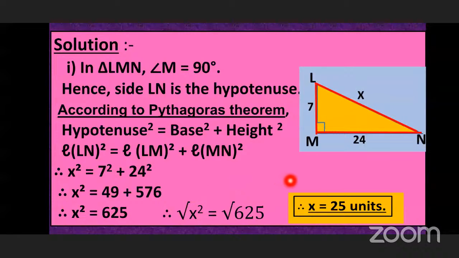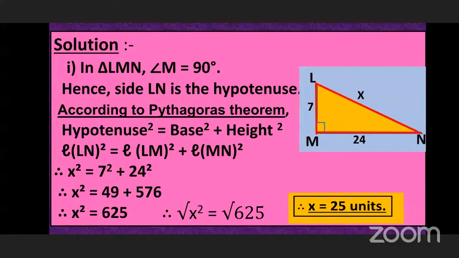Therefore, the value of x is 25 units. See, children, in the question no units like centimeter, meter, or inches were given, therefore we have written units here. So the length of ln is 25 units.